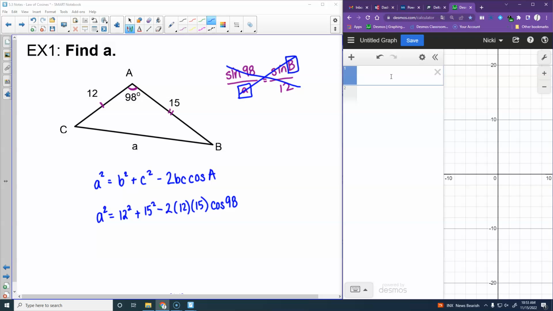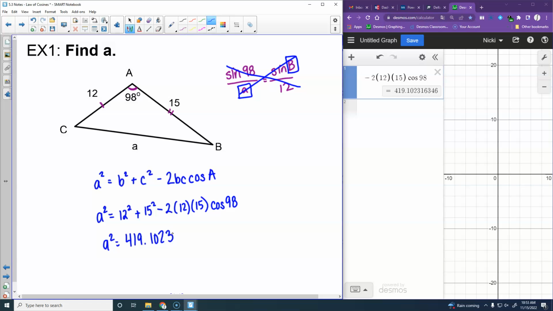So if you type this in, 12 squared plus 15 squared minus 2 times 12 times 15 cosine 98, all right, and so I'm getting 419.1023. So A squared is going to equal 419.1023.